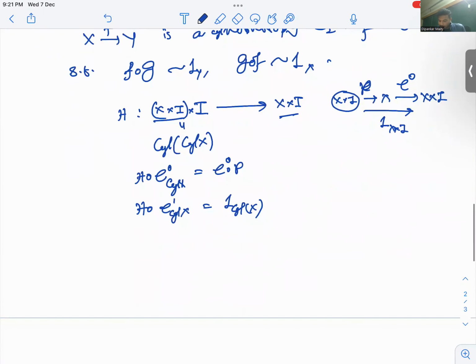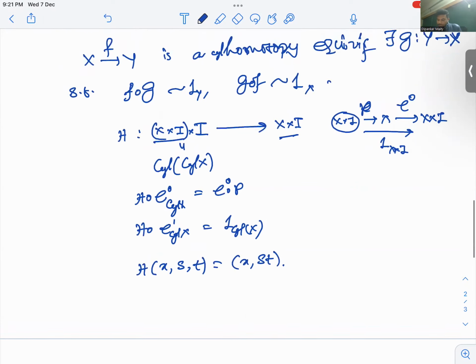And in the case of topological spaces, this was given by the following data: H of (x, s, t) was given by x of s.